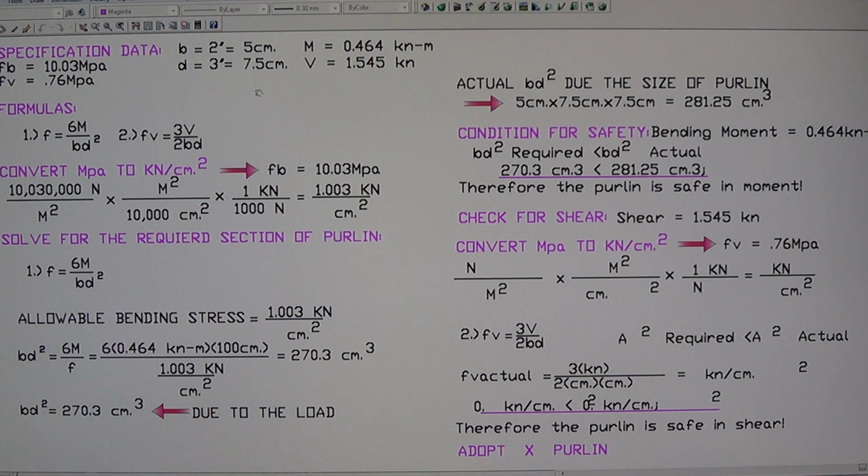And now we have to calculate this area here in cubic centimeter and then compare it to the required. This is the requirement. If this section is less than this, then the purlin failed. It's not capable of carrying the moment there, the load. So now let's go for the actual bd due to the size of the purlin right here. So that's the actual bd right here.